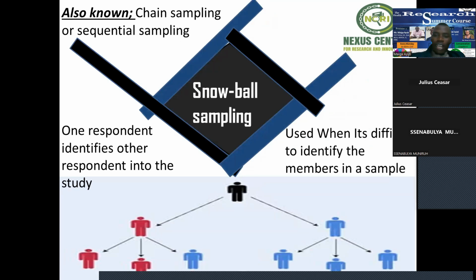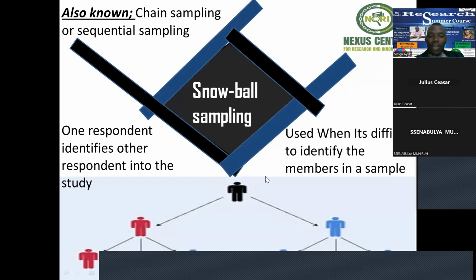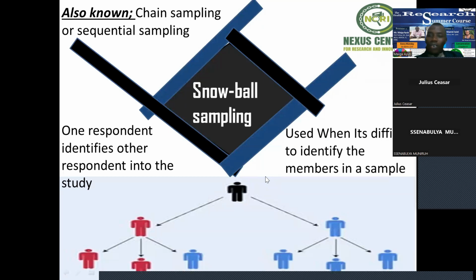Another one, also non-probability, is called snowball. In snowball sampling, the first participant will now identify the other respondents into your study. Okay. The example I usually give is when you're studying maybe youths who are HIV positive. So you pick one, and that one youth will keep on calling other youth into the study because they usually have that connection, that linkage.